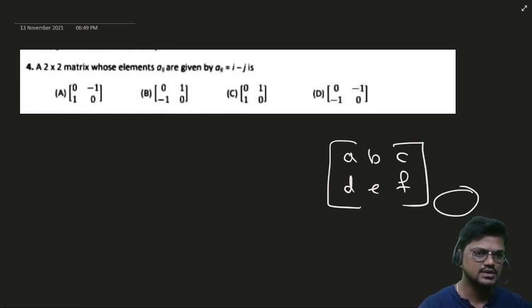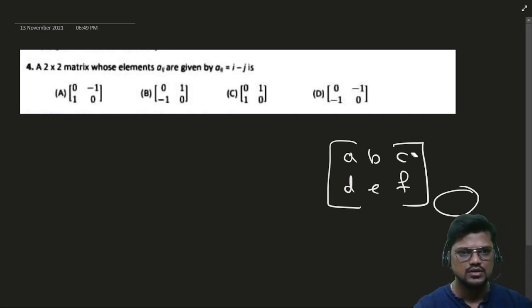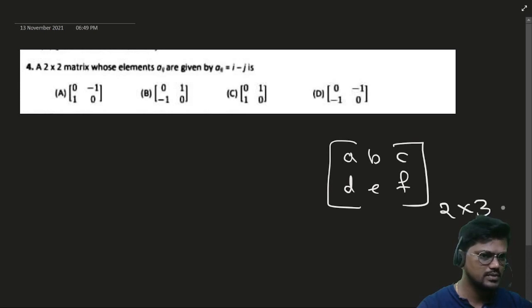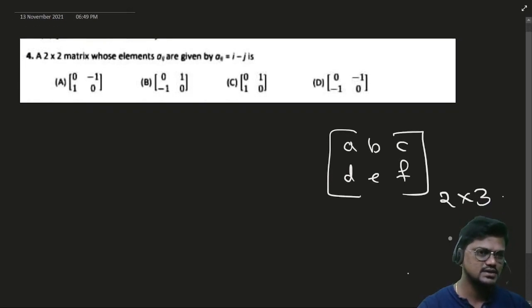Perfect. Sometimes you can give your answer verbally also. When I'm asking what is the order, at that time you can answer verbally also. The answer is 2 into 3. Fine. So this 2 stands for the number of rows, and this 3 stands for the number of columns.